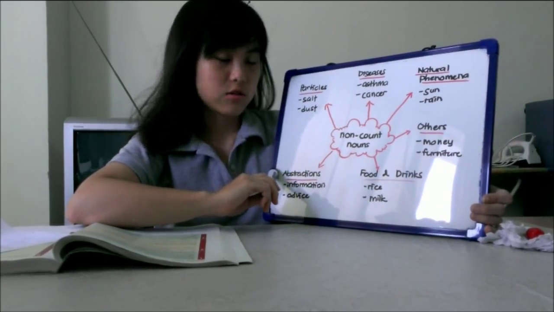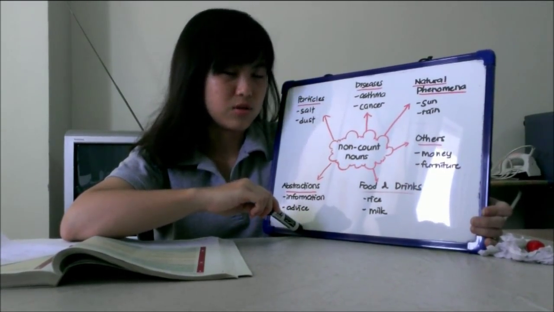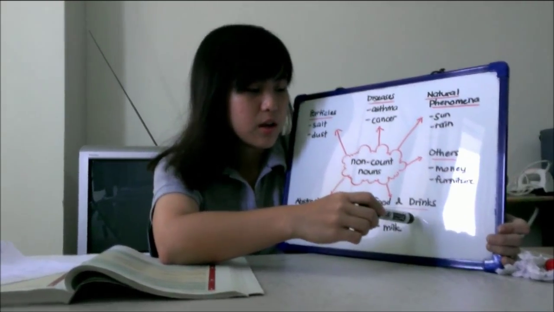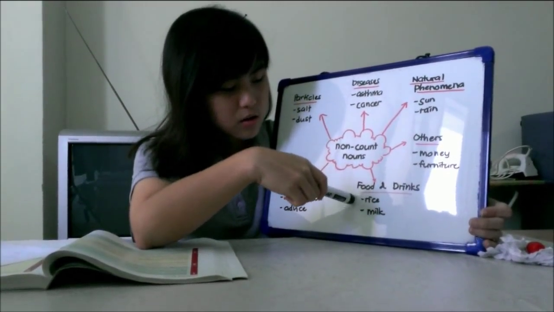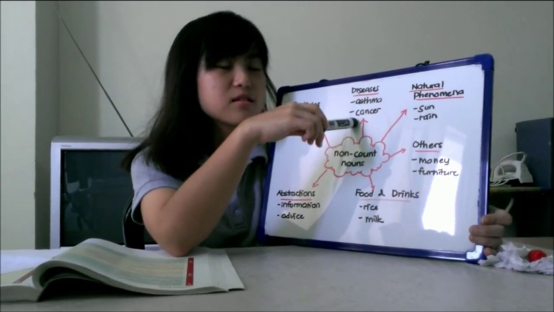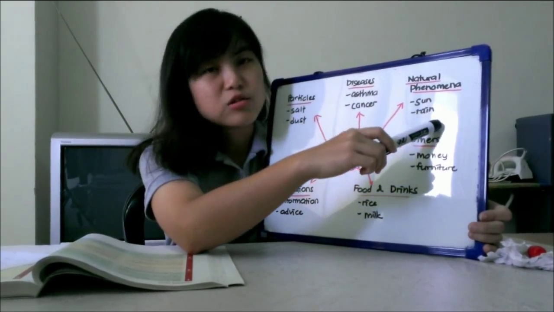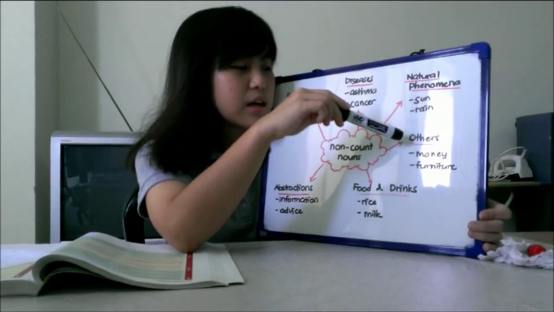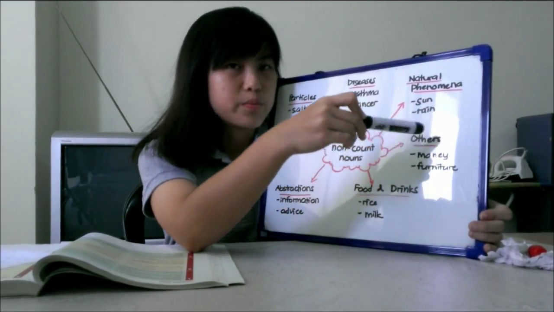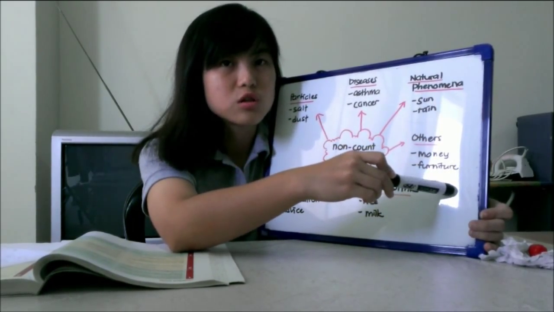For the category of abstractions, information and advice are not countable. Food and drink are also uncountable, and the examples are rice and milk. Then diseases, asthma and cancer, and natural phenomena, sun, rain, and so on. The other category of non-count nouns is nouns in a group, like money and furniture, which cannot be counted.